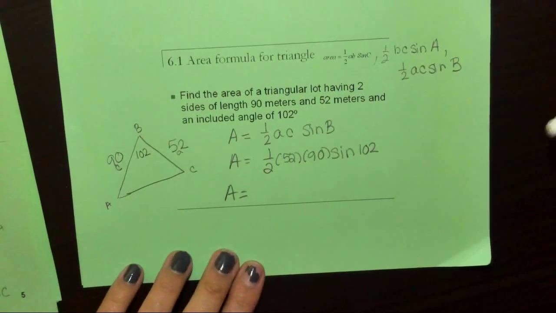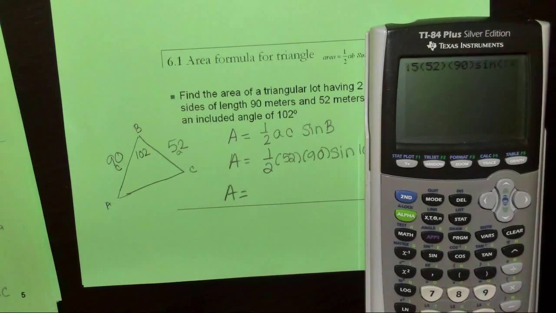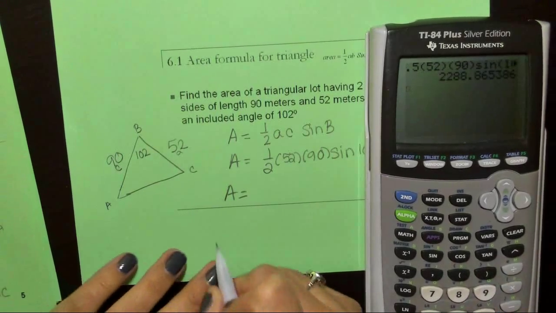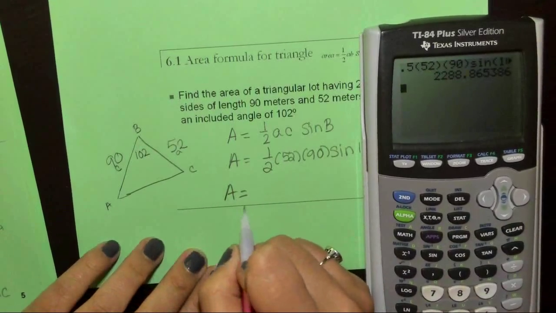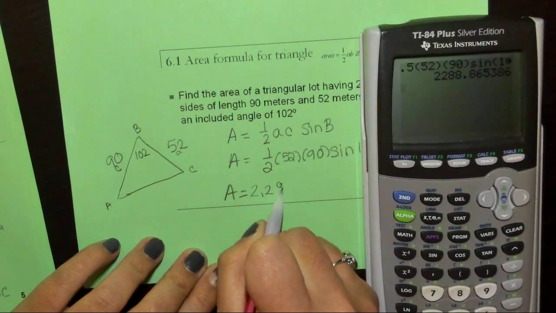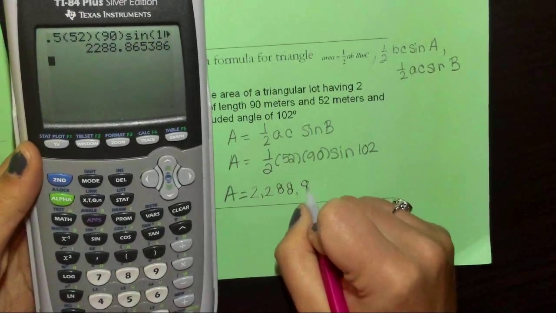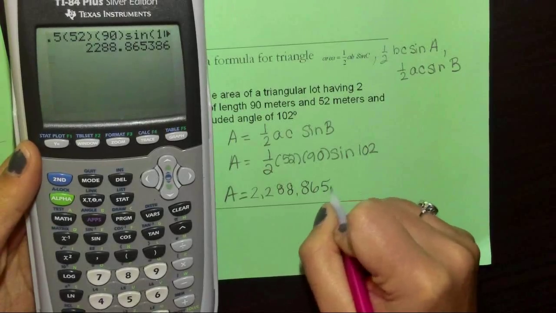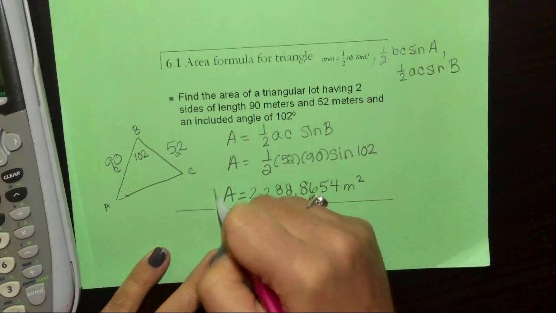So the area is going to be 2,288.8654, and our units were meters, so it's meters squared.